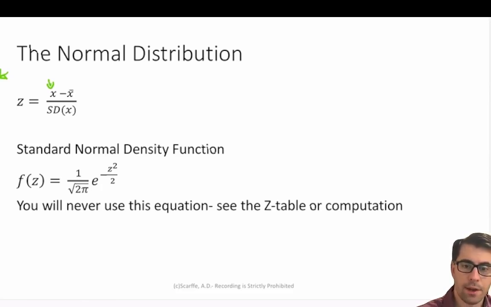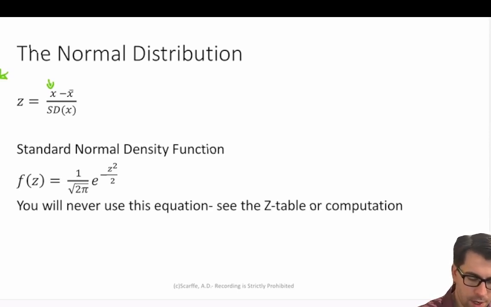Okay, that's how we calculate our z-score. Now, you can use this equation, called the standard normal density function, to find the area underneath the curve. Although truthfully, you never need to use this equation because you usually will have access to either computation or a Z table. And today we'll work through how to use a Z table.